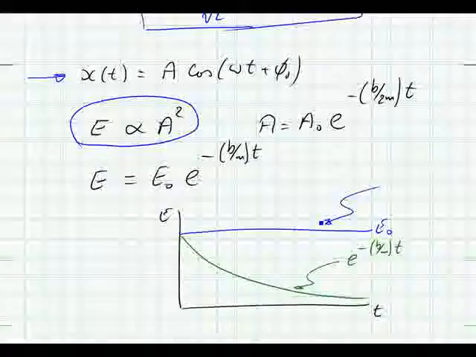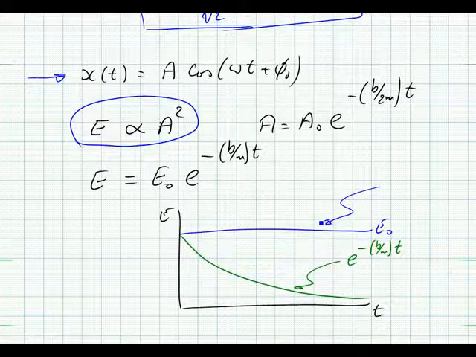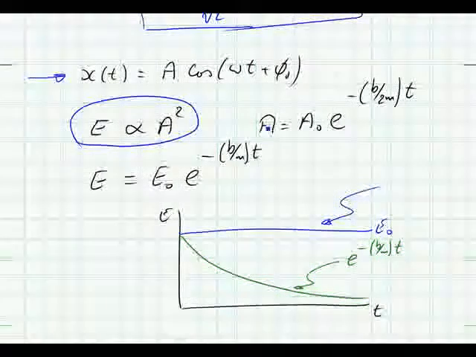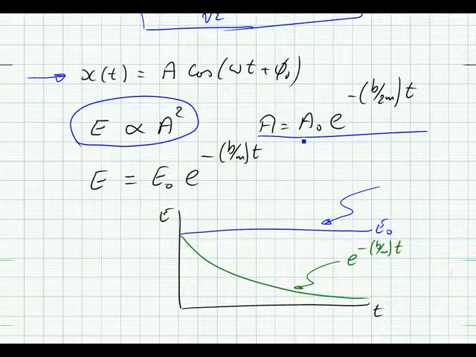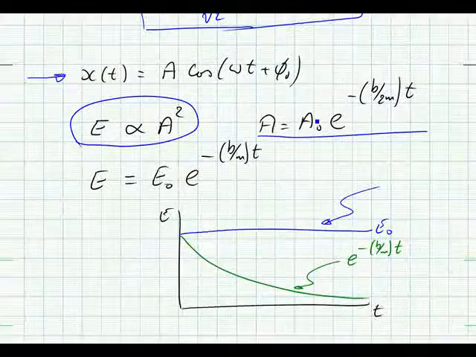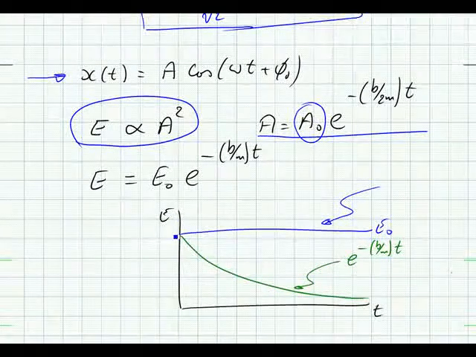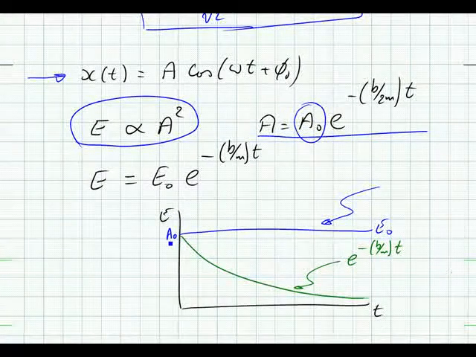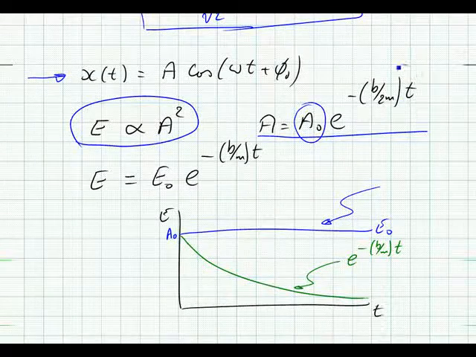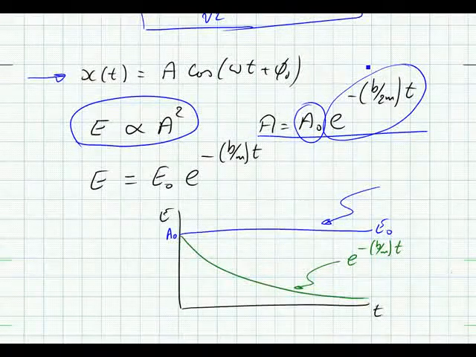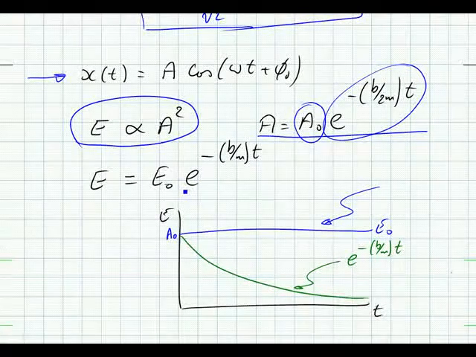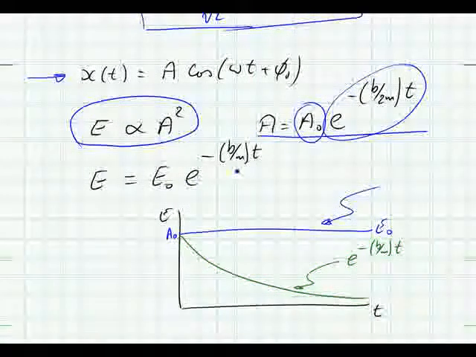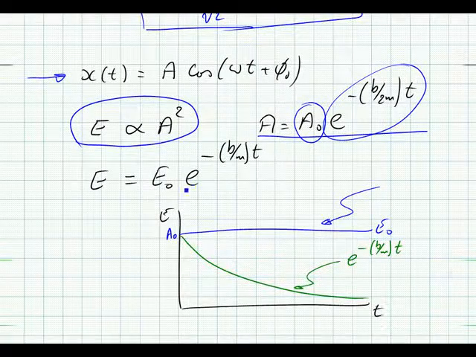But if there is damping involved, then remember that with damping, amplitude depends on A naught, the original amplitude, with an exponential decay term. So A squared would be proportional to this decay term here.